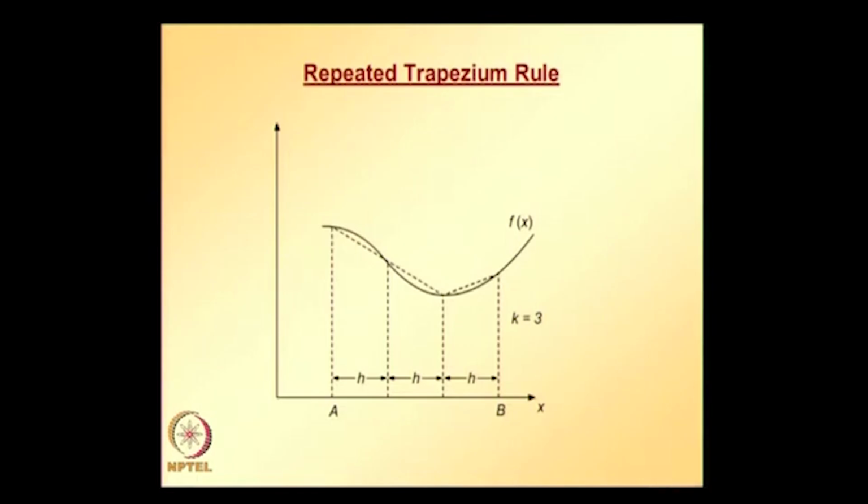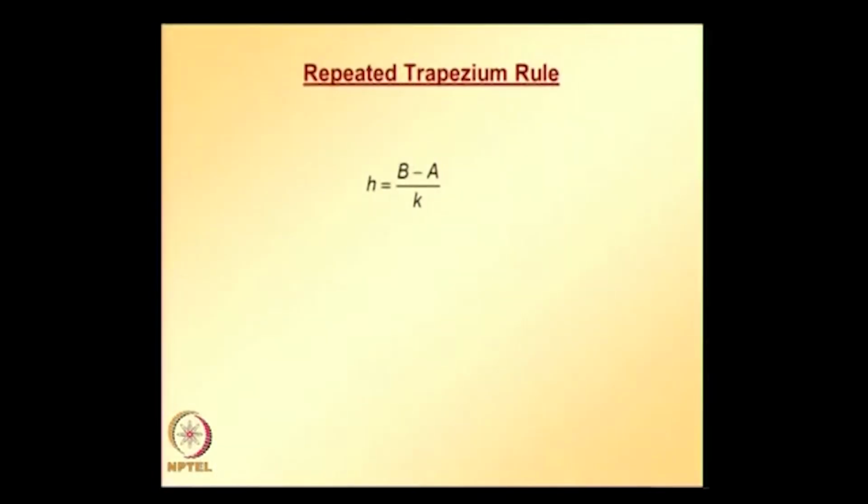Here for example, function f(x) needs to be evaluated between the limits a to b, and this region a to b is divided into 3 strips, and the width of each strip is b minus a divided by k, where k is the number of strips. Here in this case it is 3. In the previous figure, k is equal to 3, but it can be something else for a different problem.